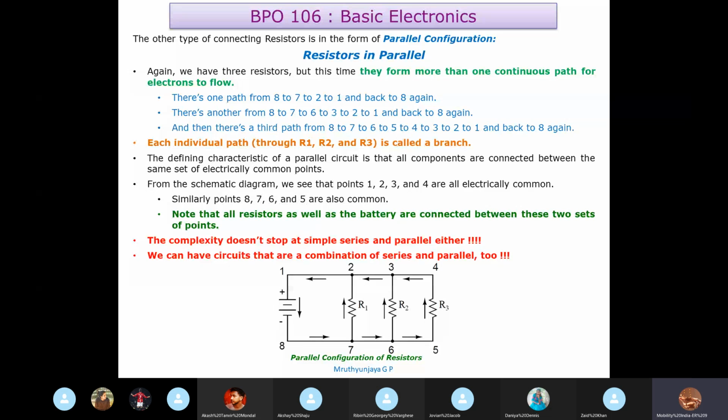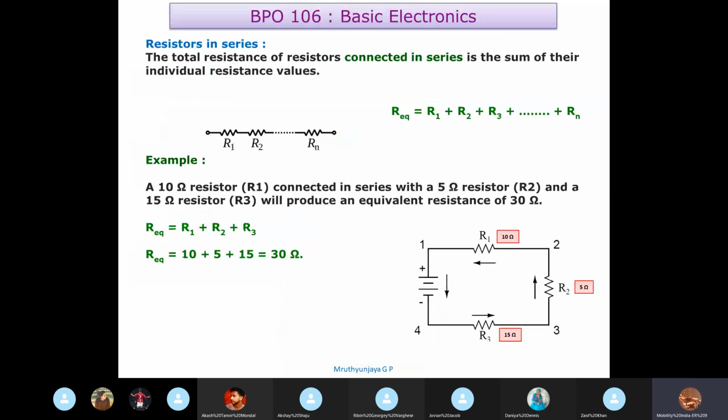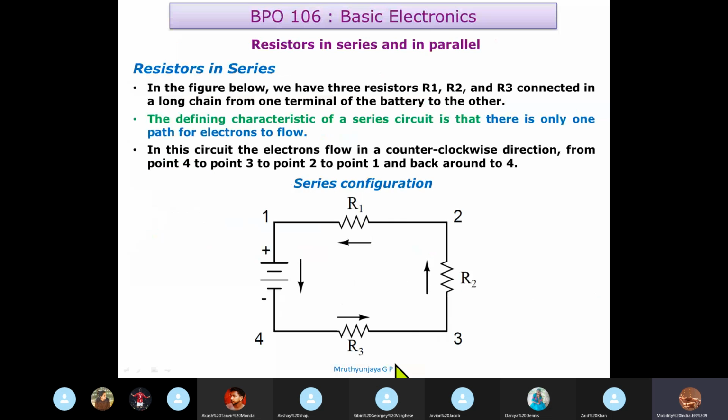These are 10, 5 and 15. In the previous example, 10 plus 5 plus 15 is 30, and that 30 is higher than all the 3 individual resistors. 15 is the highest value here, but 30 is your answer.